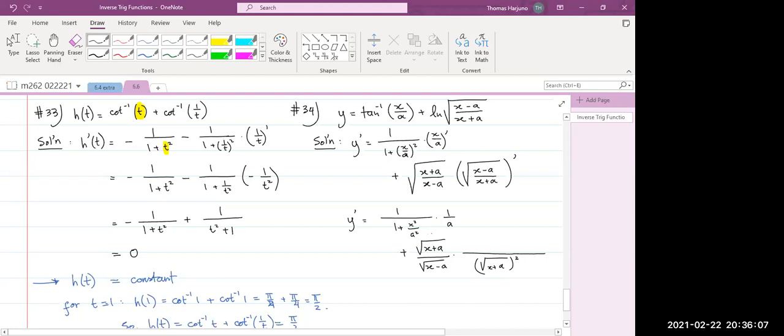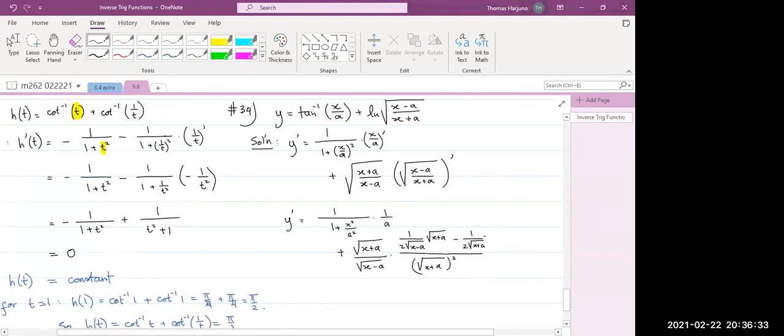The numerator, the derivative will be 1 over 2 square root of x minus a times square root of x plus a, minus the derivative of the denominator, which is 1 over 2 square root of x plus a times square root of x minus a. That's what I need to simplify.